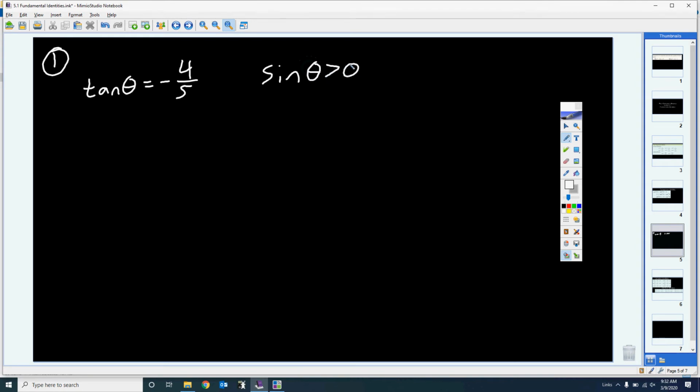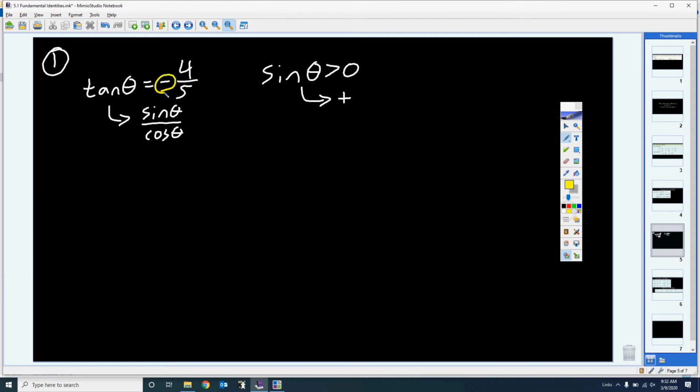Well, things that are greater than 0 are positive. So sine is positive. Well, remember that tangent is sine of theta over cosine of theta. And it tells me right here that tangent is negative.